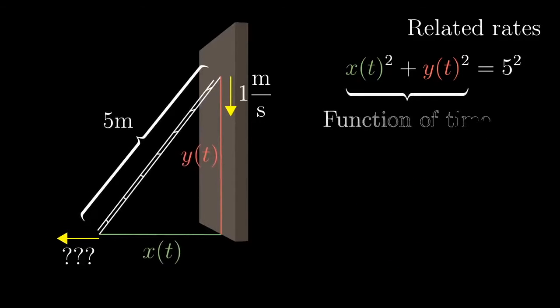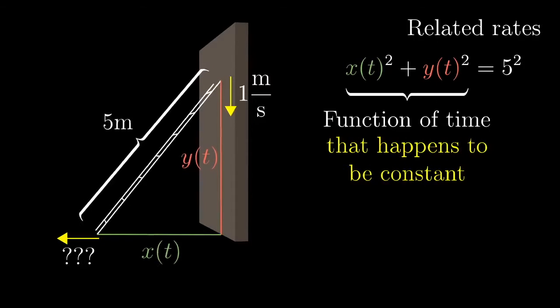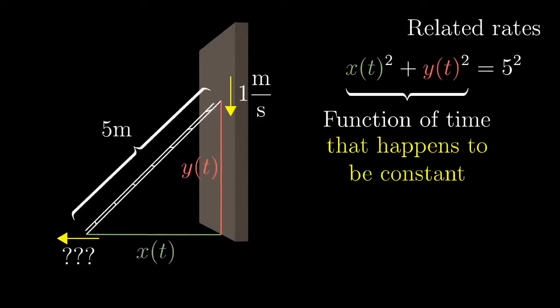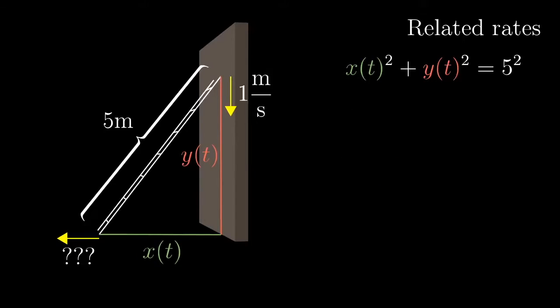This left-hand side of the equation is a function of time, right? It just so happens to equal a constant, meaning the value evidently doesn't change while time passes, but it's still written as an expression dependent on time, which means we can manipulate it like any other function that has t as an input.